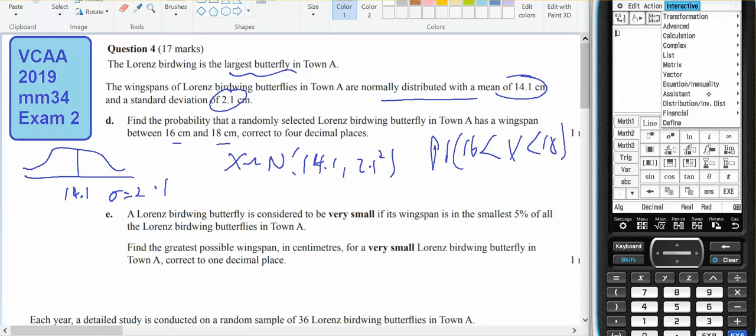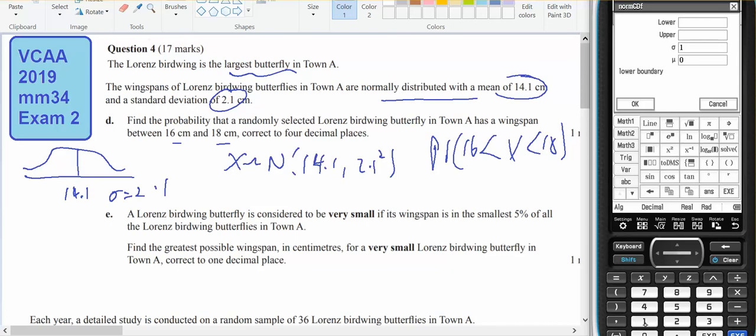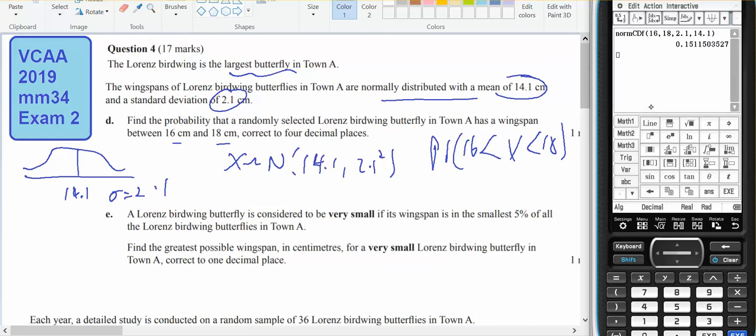So distribution, continuous, CDF, lower is 16, upper is 18, 2.1 is the standard deviation, and 14.1 is the mean, and we're looking at 0.51150, and we're going to 4 decimal places, 0.5115.